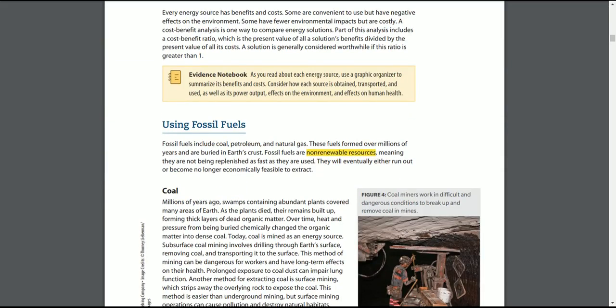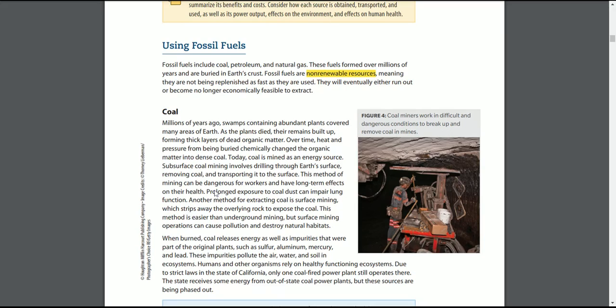All right, so let's start talking about the actual energy sources. Coal is kind of the first major energy source as part of the Industrial Revolution. It's obtained from mines that can often be really dirty. The workers can have some health issues, so that's a disadvantage.